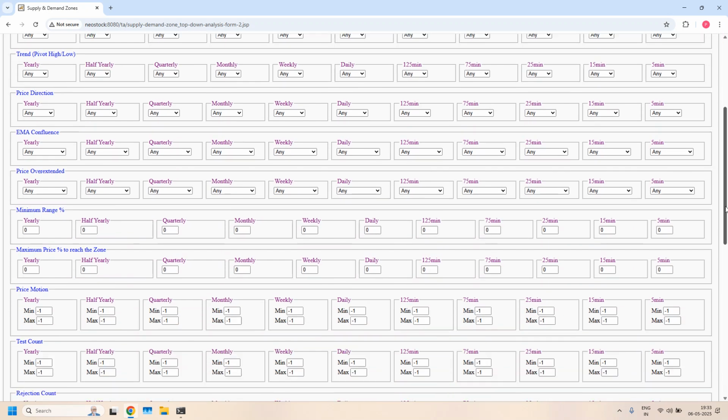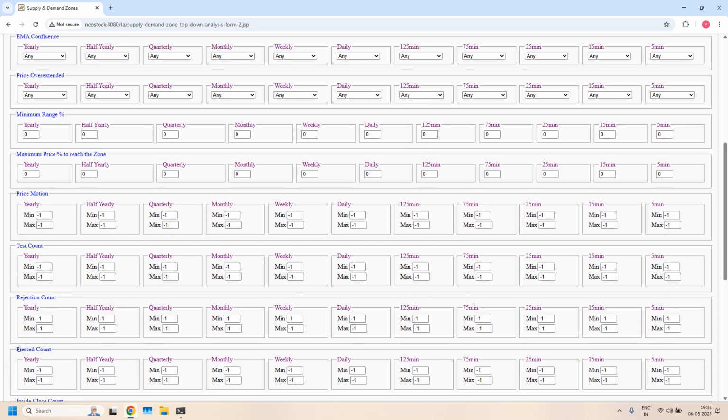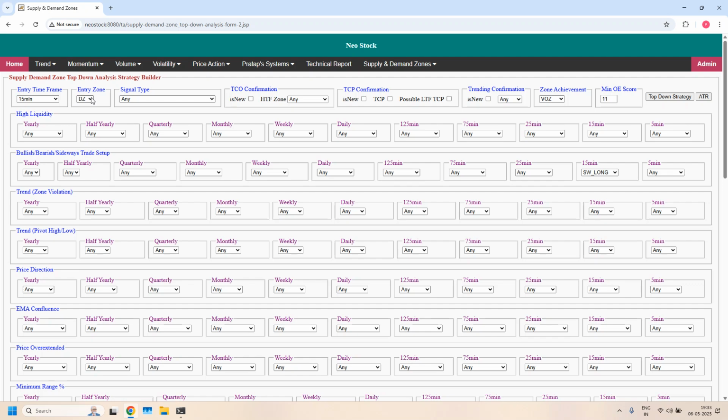Also, the pierced count at 15 minutes time frame: I am setting minimum value 0 and maximum value 0, which means the zone should not be pierced. Which zone? Whichever you selected here, so the 15 minutes demand zone in this example. All 3 filters, zone achievement, minimum odd enhanced score and pierced count, are applied to the 15 minutes demand zone in this case.